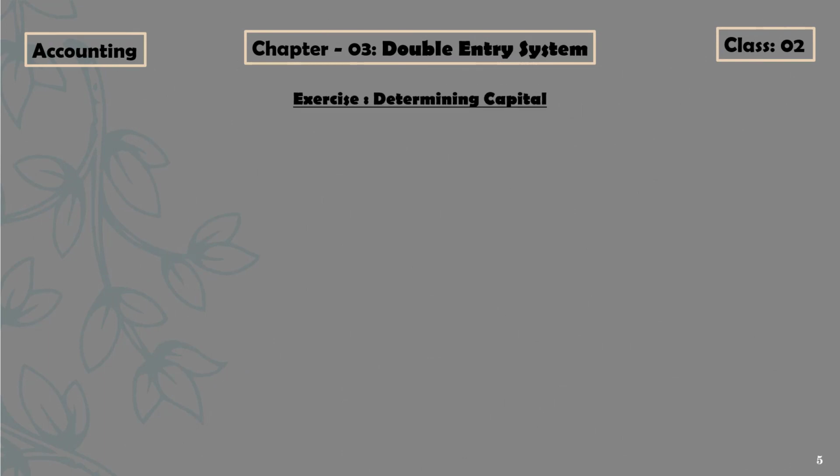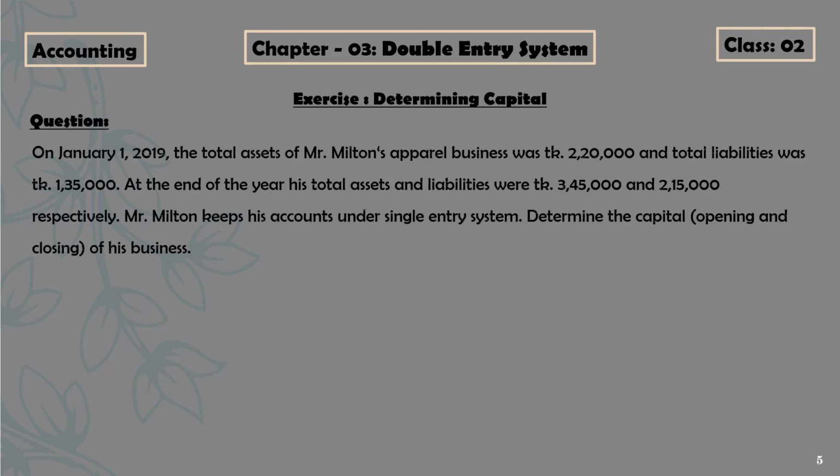So here's the exercise, determining capital, and there's the question: on January 1, 2019, the total assets of Mr. Milton's apparel business was taka 2,20,000 and total liabilities was taka 1,35,000. I mistakenly didn't type the word asset here, this is a typo.